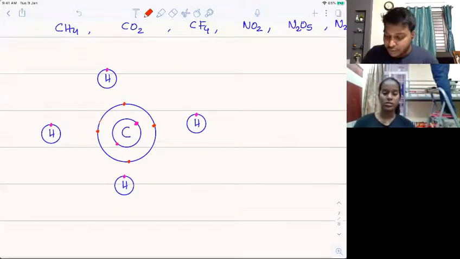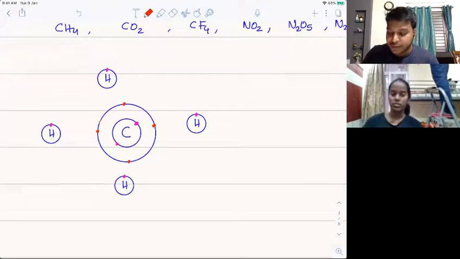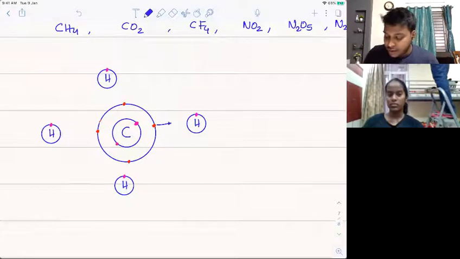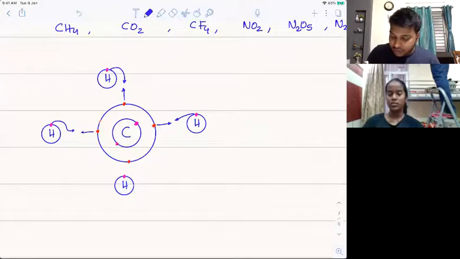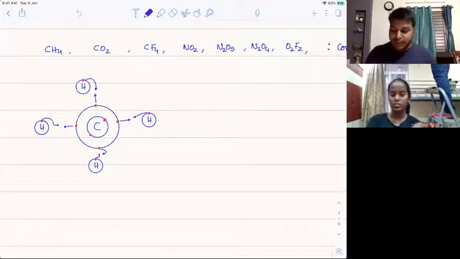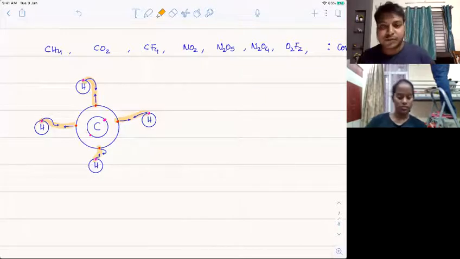So these 4 will start sharing with each other. So what is happening here? This electron from here, this electron from here, this electron and this electron are approaching each other and coming to a compromise that these electrons will be shared. These two electrons, these two electrons, these two electrons, these two electrons will be shared by both the atoms.